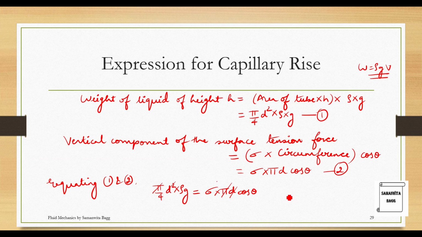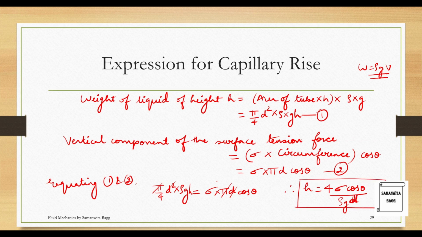So what remains is, therefore, h is equal to 4 sigma cos theta upon rho g d. So this becomes the formula for h, for capillary rise.